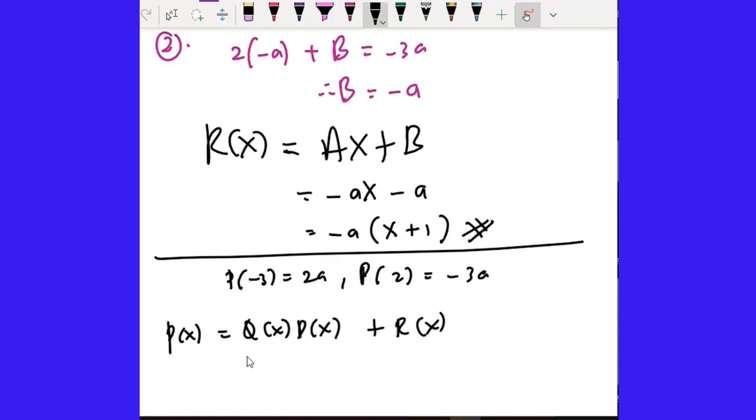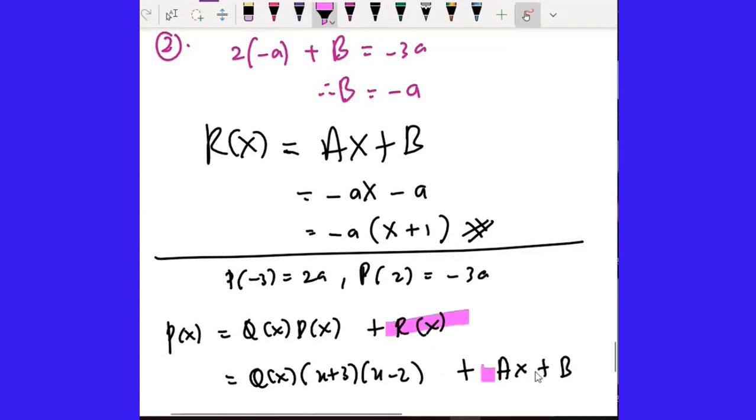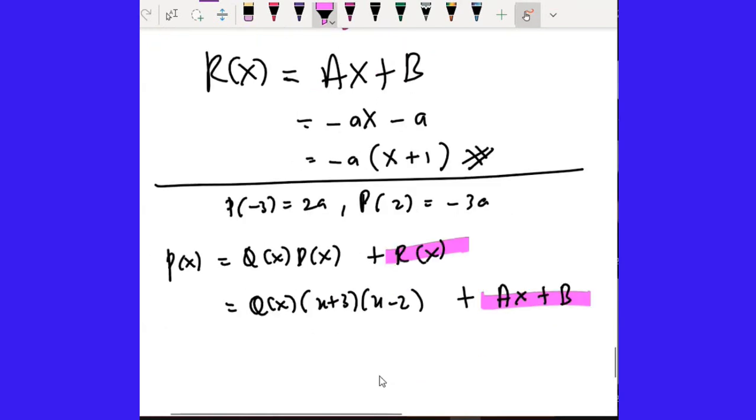We don't know what P(x) is, Q(x) pun we don't know. But D(x) is equal to (x plus 3)(x minus 2), and R(x) is linear.